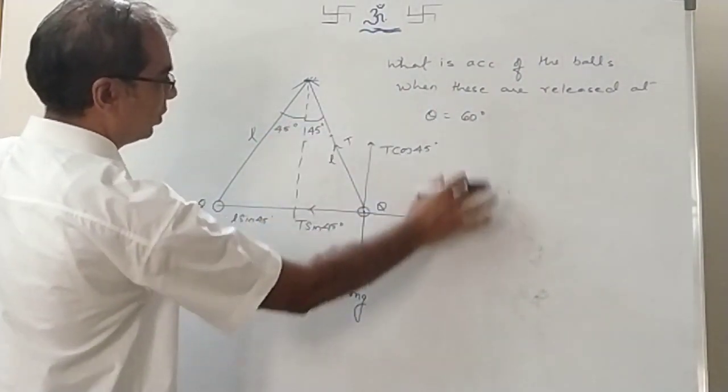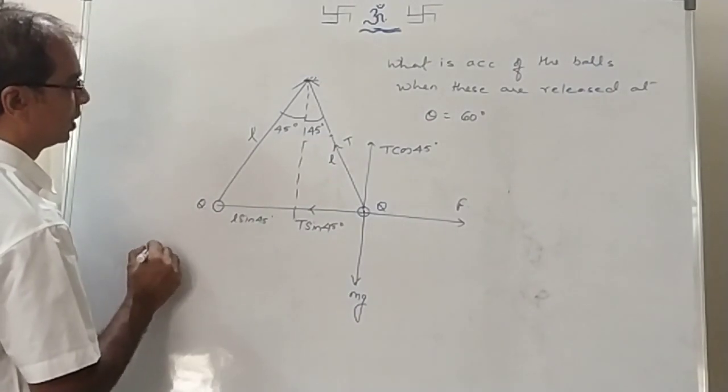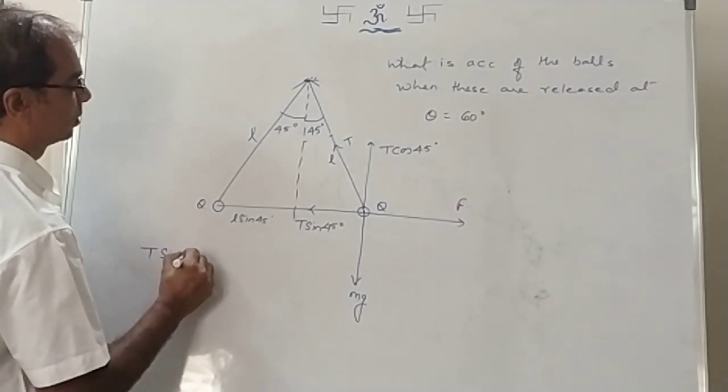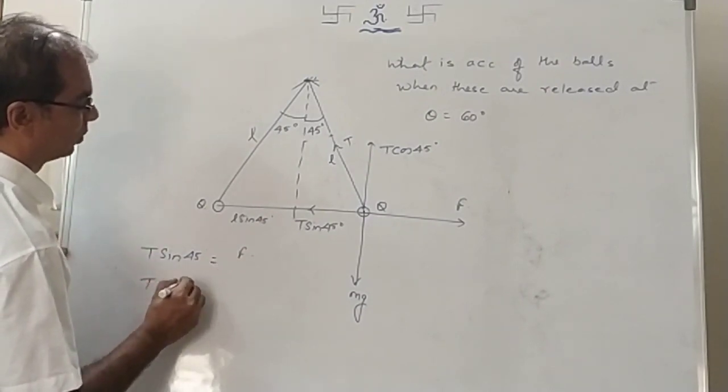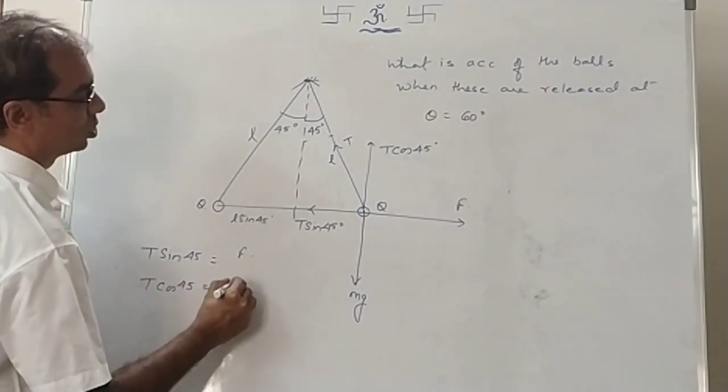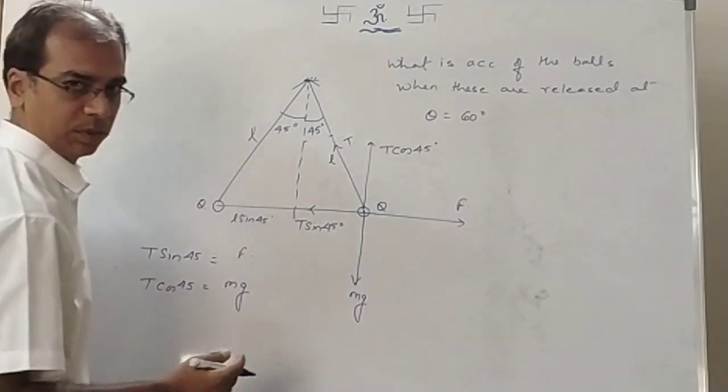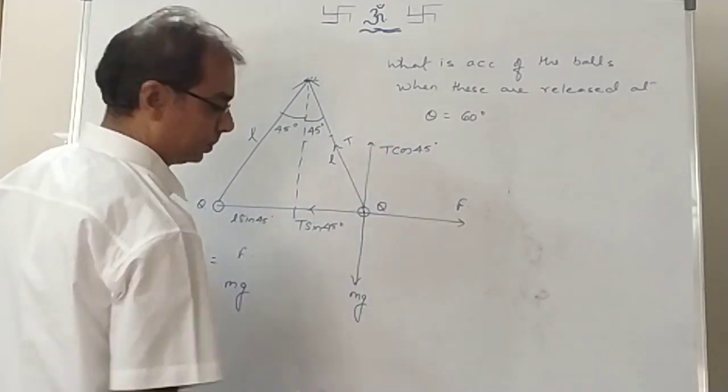The condition is T sin 45 equal to F and T cos 45 equal to mg. They are in equilibrium, so they will balance each other.